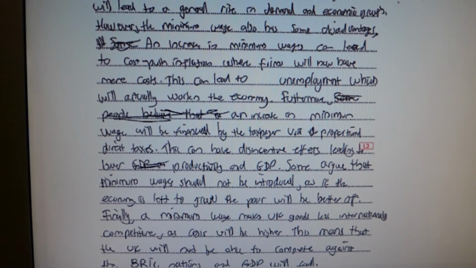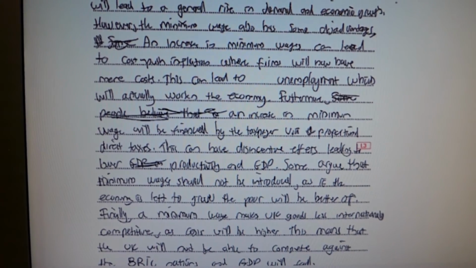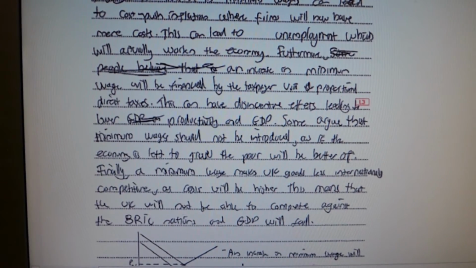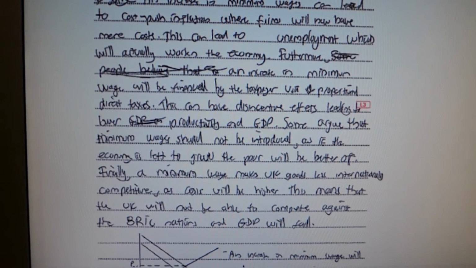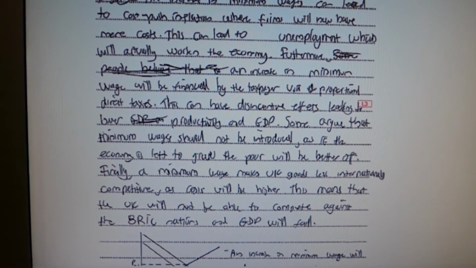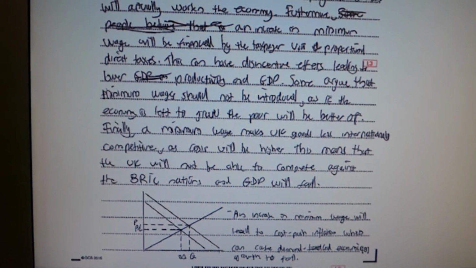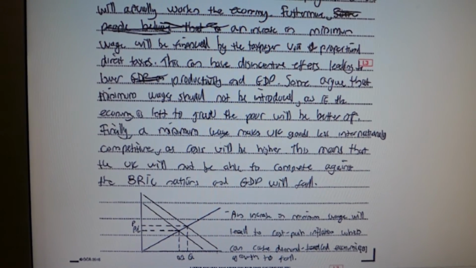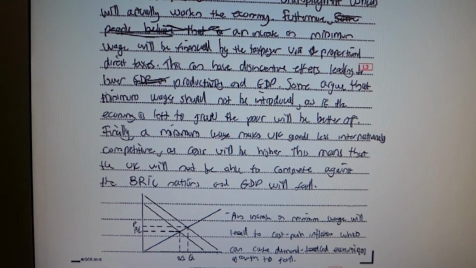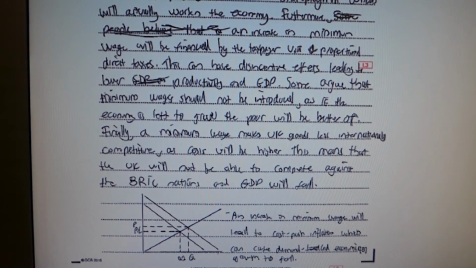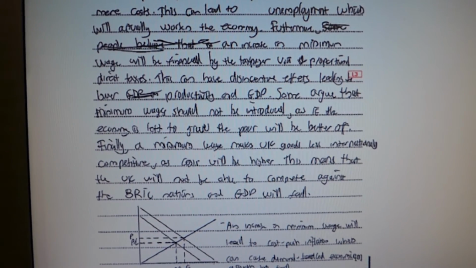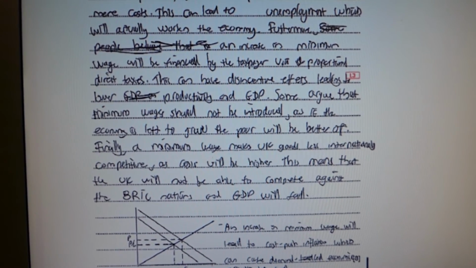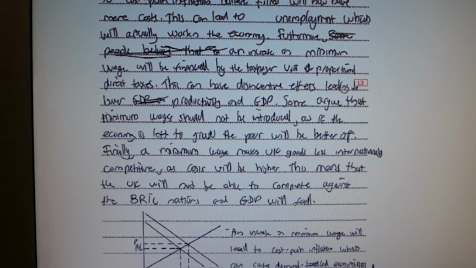Some argue that minimum wages should not be introduced as the economy left to grow. I'm not really sure what that says. Finally, a minimum wage makes UK goods less internationally competitive as costs are higher. This means the UK will not be able to compete against BRIC nations. So this, as I said, is L3, and this particular candidate has got 8 marks out of 12.